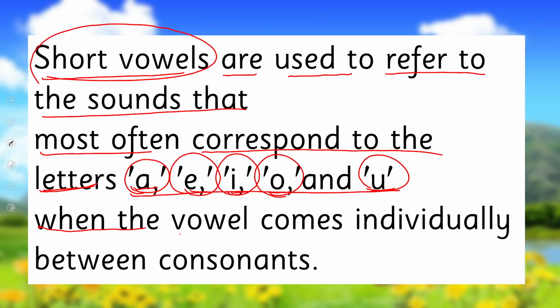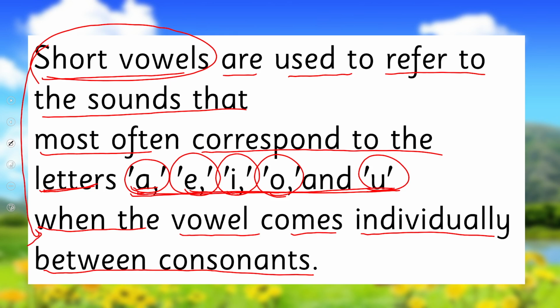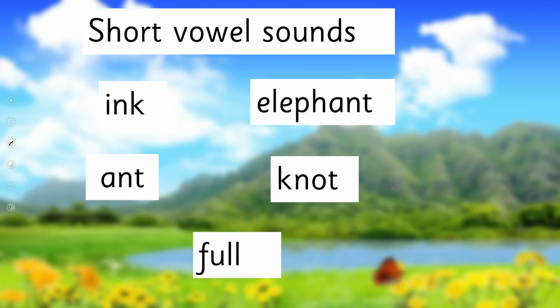And when the vowel comes individually between consonants, okay? So these short vowel sounds are used when these letters come between consonants, and there is only one vowel between two consonants. Remember this rule we have already studied.